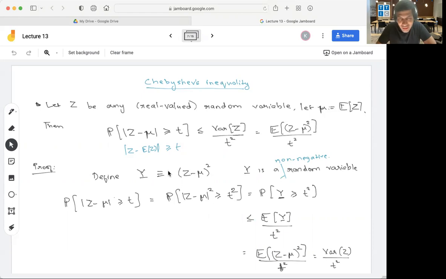So it's just a substitution, a change of variable. We obtained the inequality we want by applying Markov's inequality to a slightly different random variable y. Okay. Any questions about the proof?